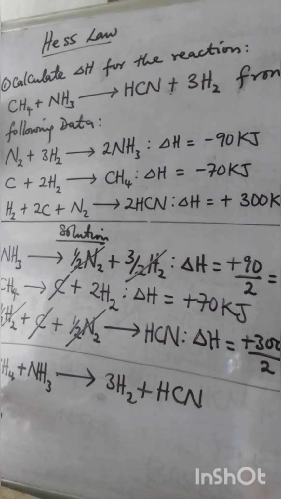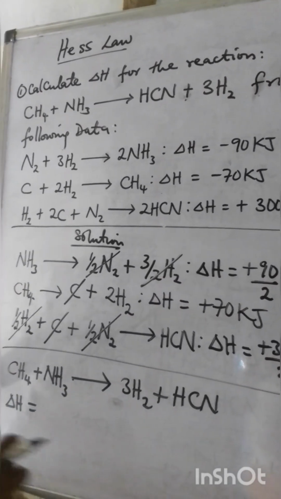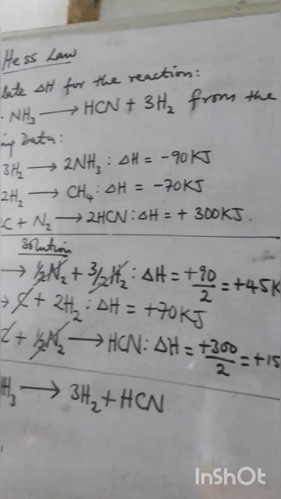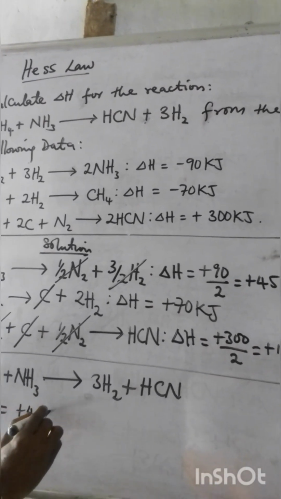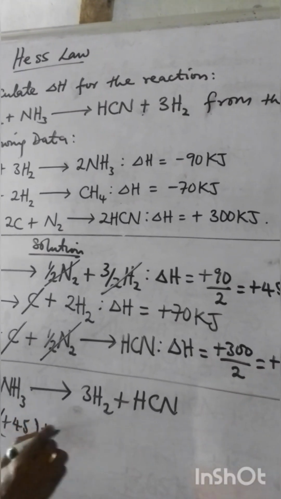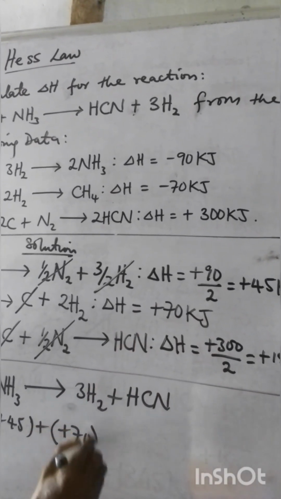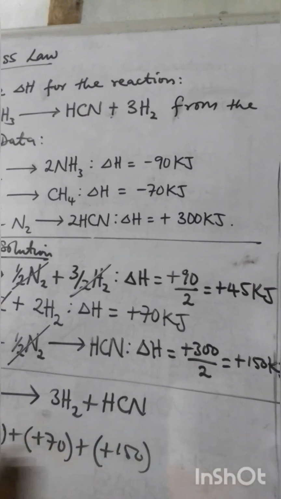Therefore, we now calculate the change in enthalpy of this reaction by summing every enthalpy we have gotten here, and these include plus 45 plus the next is plus 70 plus the next is plus 150.